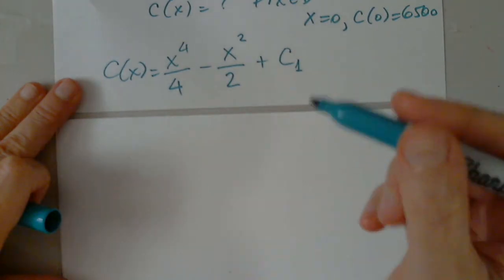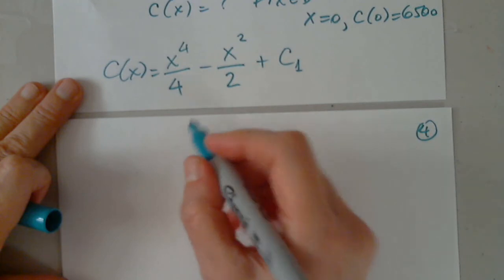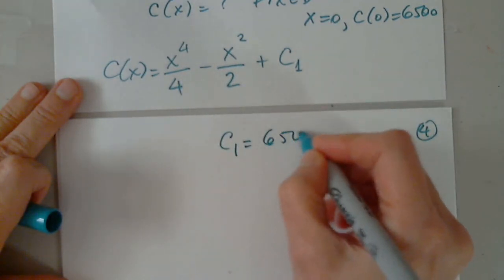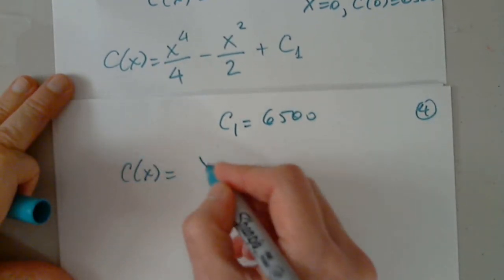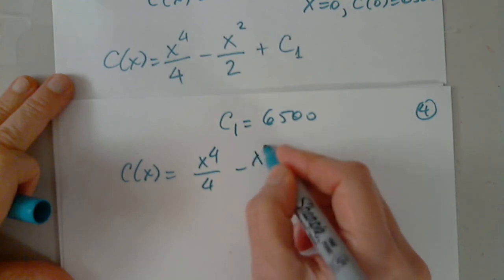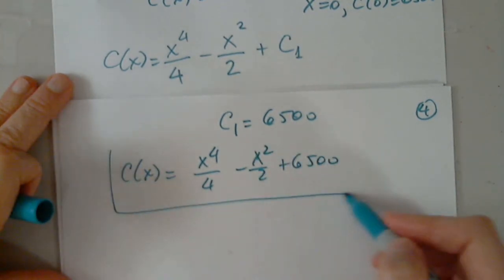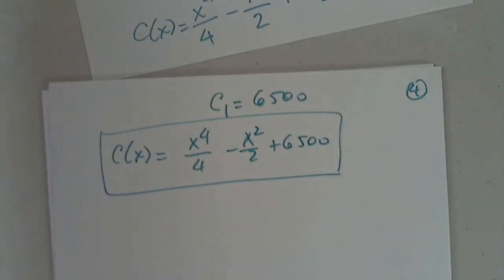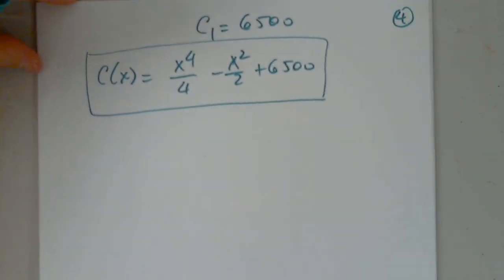But I am told that C of 0, which is c1, equals 6,500, in other words. So then the total cost function is x to the fourth over 4 minus x squared over 2 plus 6,500. Any questions, please?